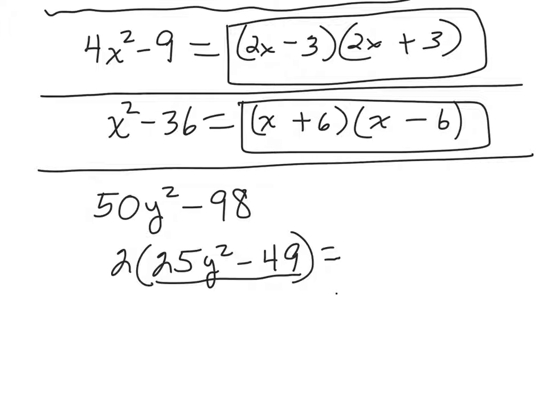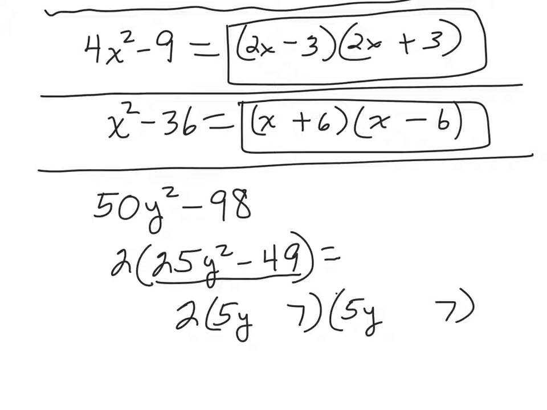I'm going to bring the 2 down as part of my answer. And for the 25y squared minus 49, that would go 5y and 5y, 7 and 7, plus in one and minus in the other.